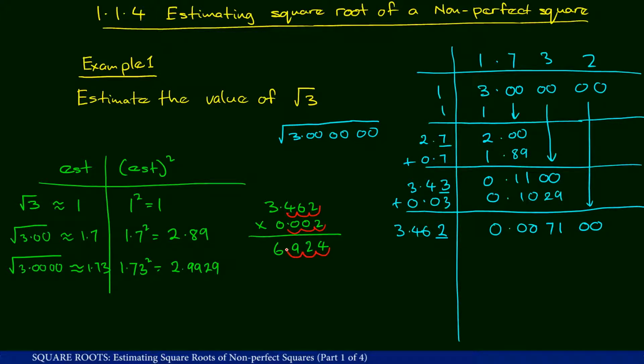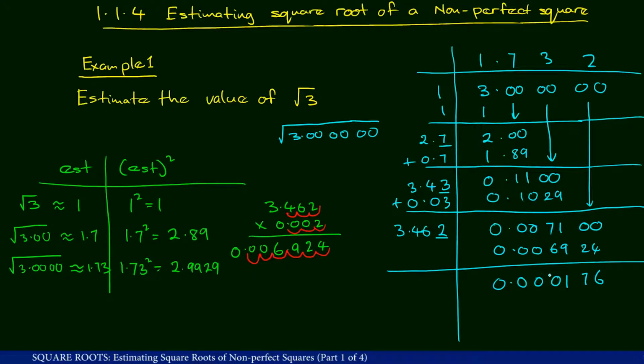So the answer is 0.006924. And the remainder is equal to 6710000. And so the remainder is getting ever smaller and smaller.